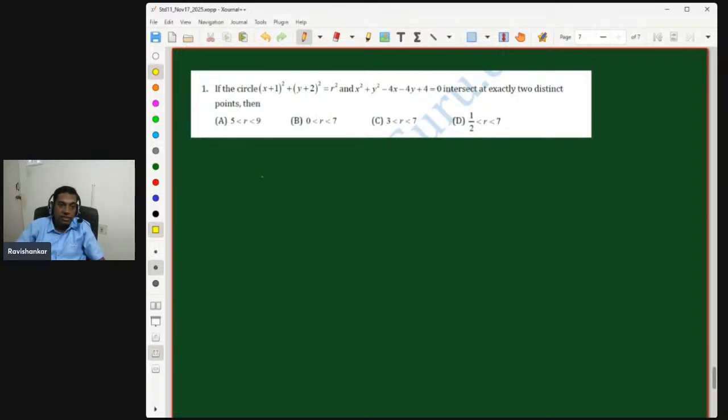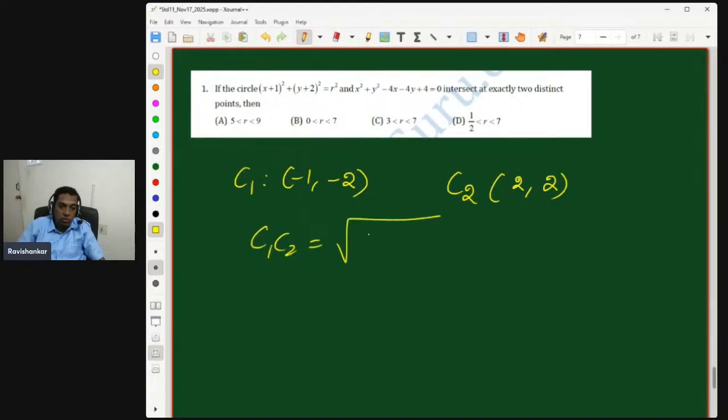Okay, so first let's write what is C1. C1 is (-1, -2). C2 is (2, 2). I hope you're able to see. Now, C1C2 is root of 3 squared plus 4 squared. It is 5.